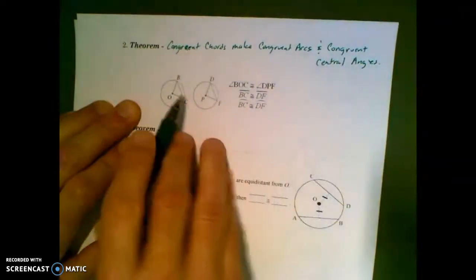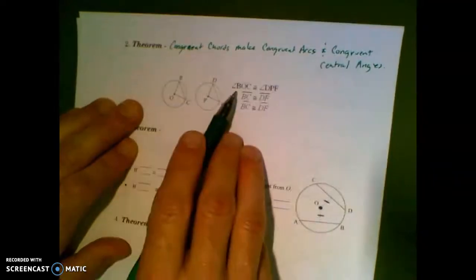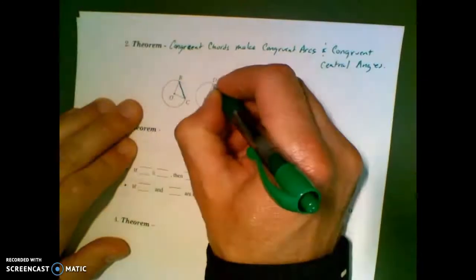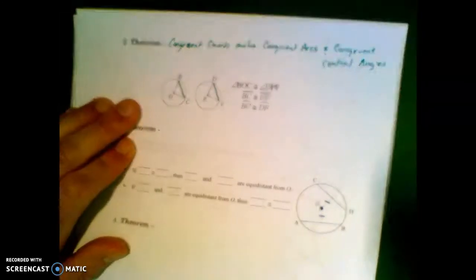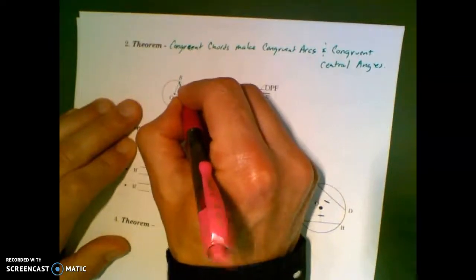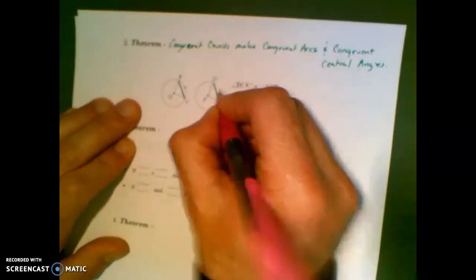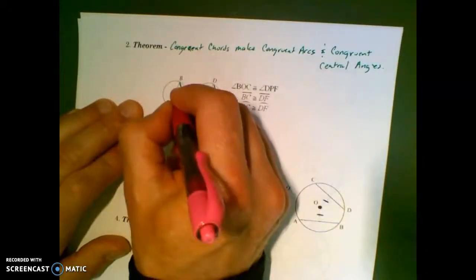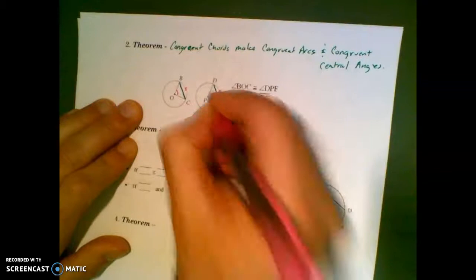So down here it's illustrated with these two congruent circles right here. Again, if I have this chord here congruent to this chord here, it's going to create not only intercepted arcs that are congruent, so this arc would be congruent to this arc, also the central angles are going to be congruent as well. So this is going to be congruent to that right there.